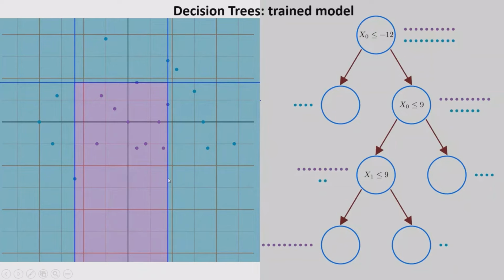Okay, ma'am, here we are getting three conditions. So can we combine these three conditions to get classification in one step? Well, it makes it more complex. Of course, you could. Suppose I make a statement like this: if x0 is greater than or equal to minus 12 and less than or equal to 9 and x1 less than or equal to 9.